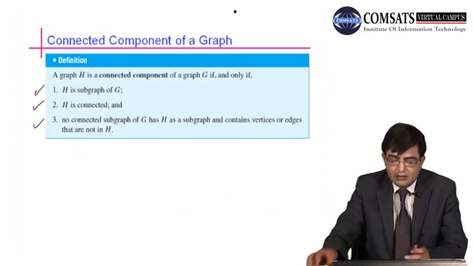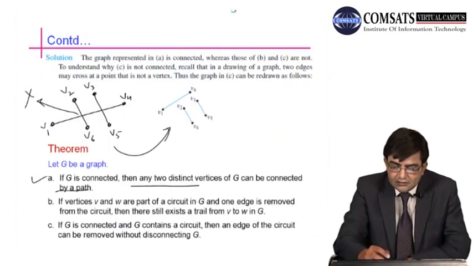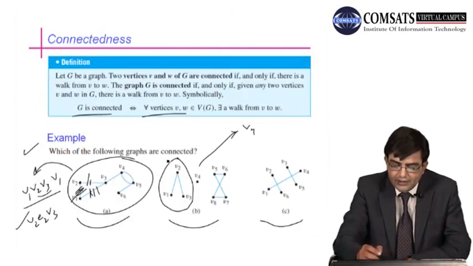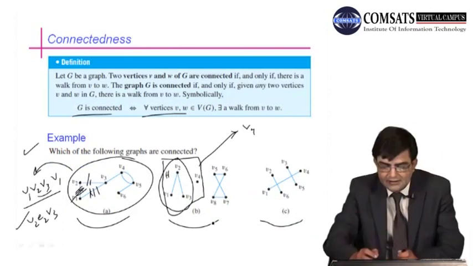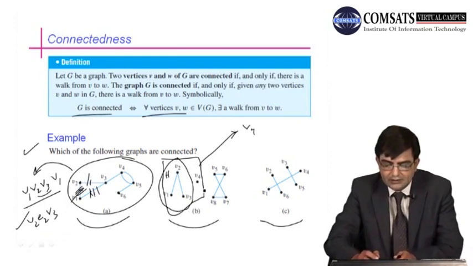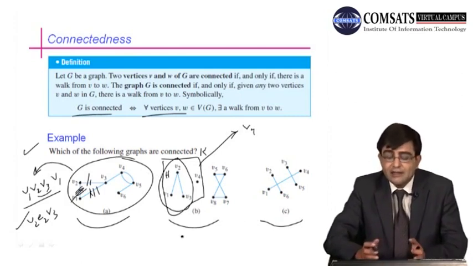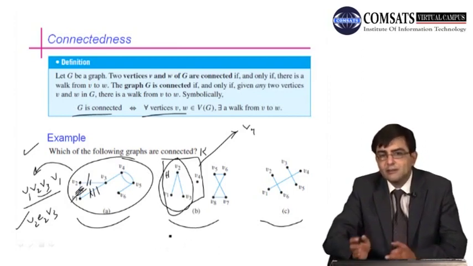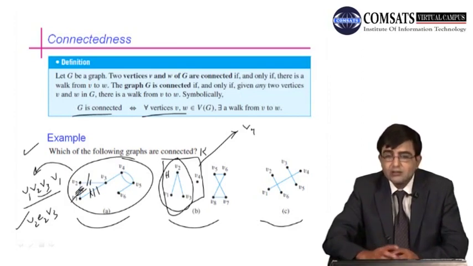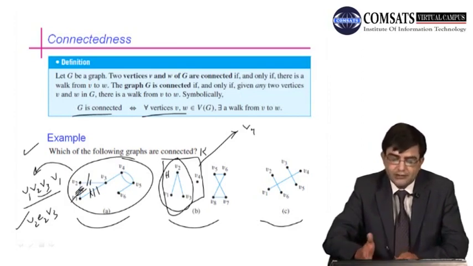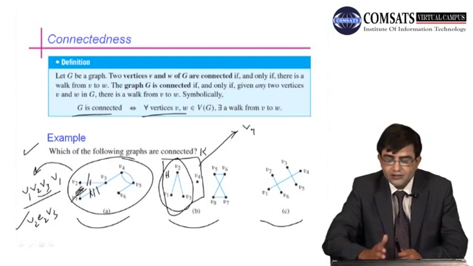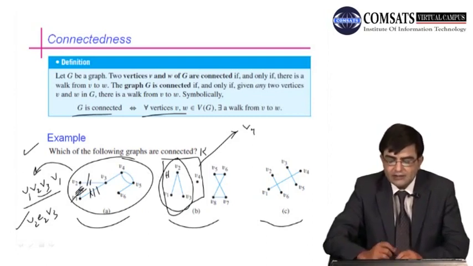So if you say that this graph K, for example, is also a subgraph of G and contains H, but it is not connected. So H is the largest subgraph which is connected and a subgraph of G, and no other connected subgraph of G contains H. So therefore H is a connected component of this graph.